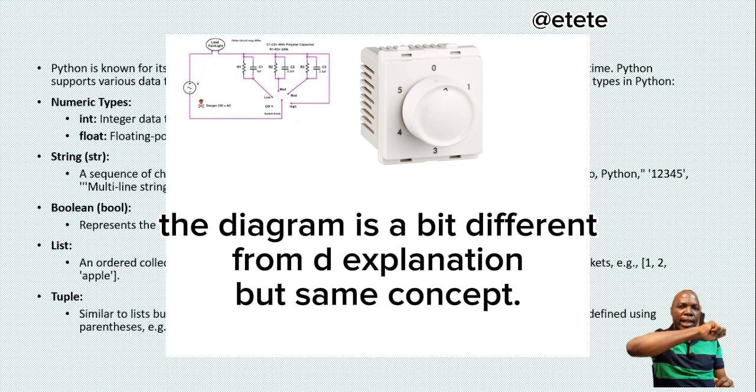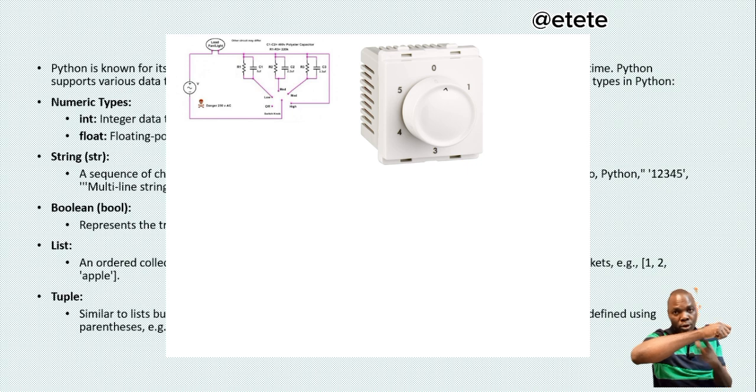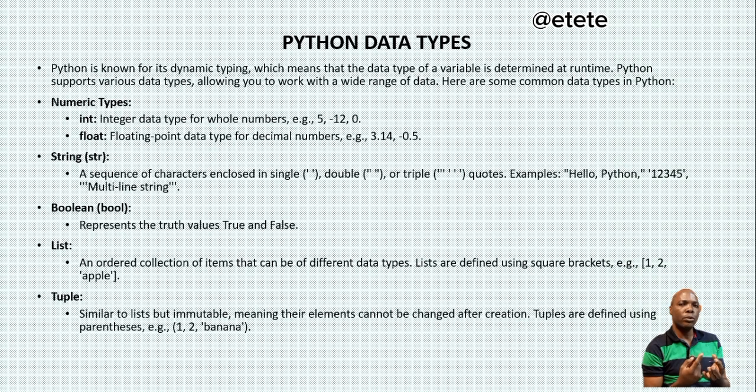So you are using the analog tuner to tune to 1 at runtime, 2, changing the speed, 3, changing the speed. Now, this side is assumed to be the variable. So I'm having a variable at this side, which is A, and that A is connected to the ceiling fan.